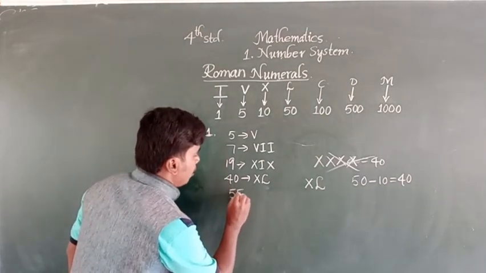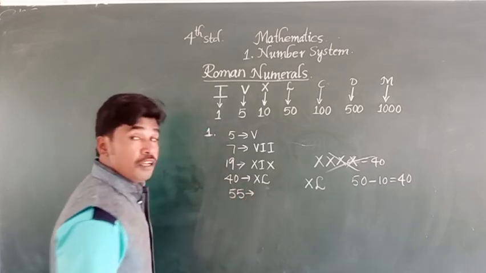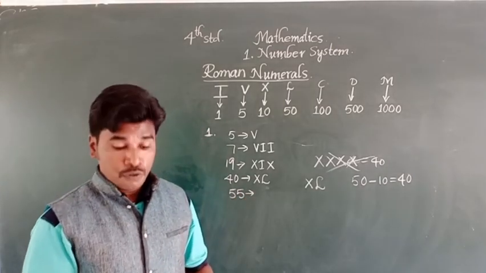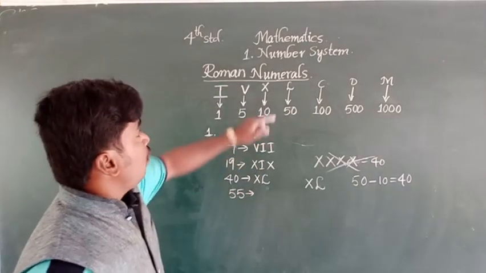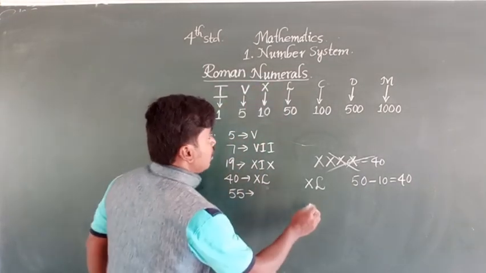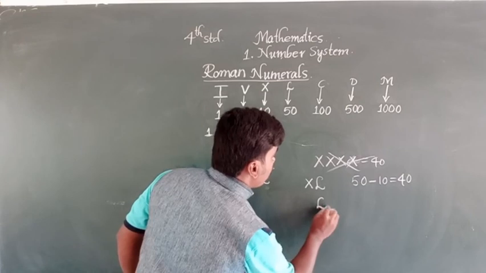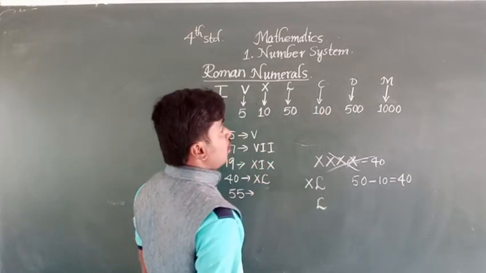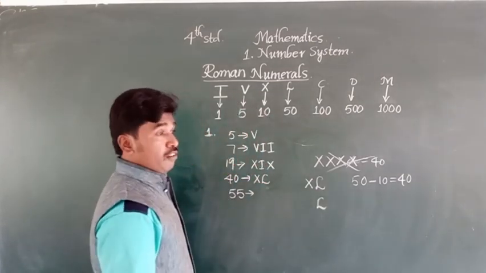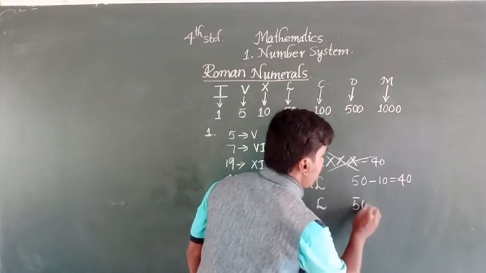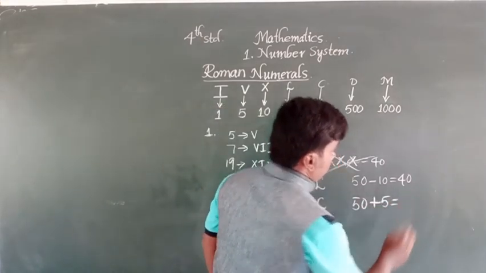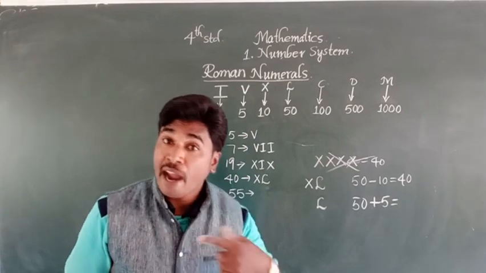Then 55. Can you write 55? So for 50, it is L. Then how to write 55? 50 plus 5, you are adding 5.